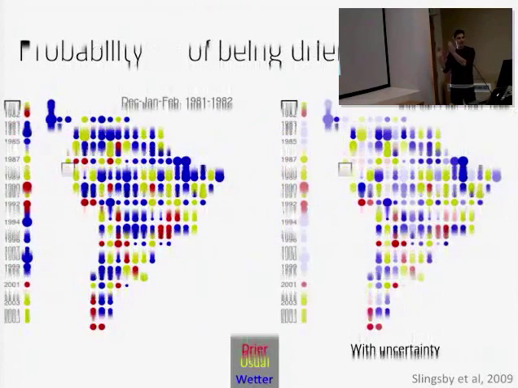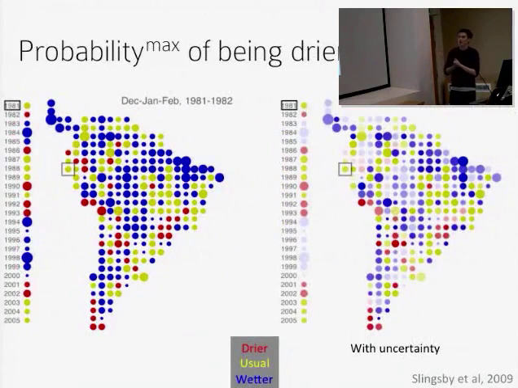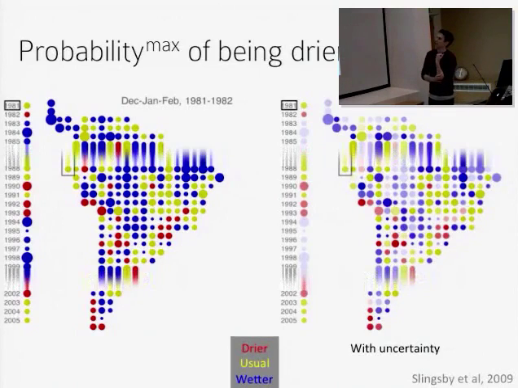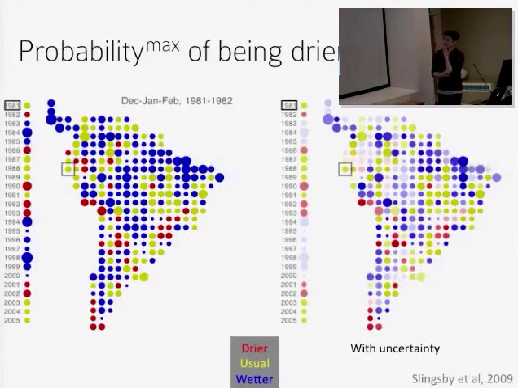Another way of looking at this is to take the most likely outcome. Here we saw three possible outcomes in that tercile; here we're looking at the most likely. So we're throwing away some data, saying, is it going to be drier? Is it going to be as it is normally, or is it going to be wetter? And then on the thing on the right, we're colouring according to the uncertainty associated with those predictions.